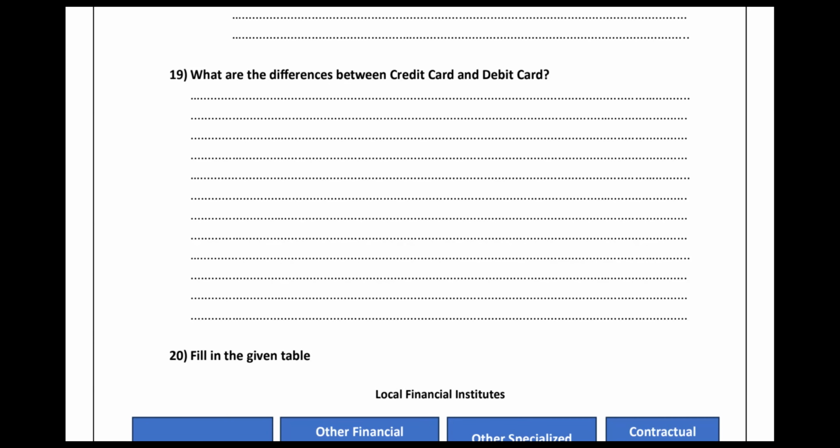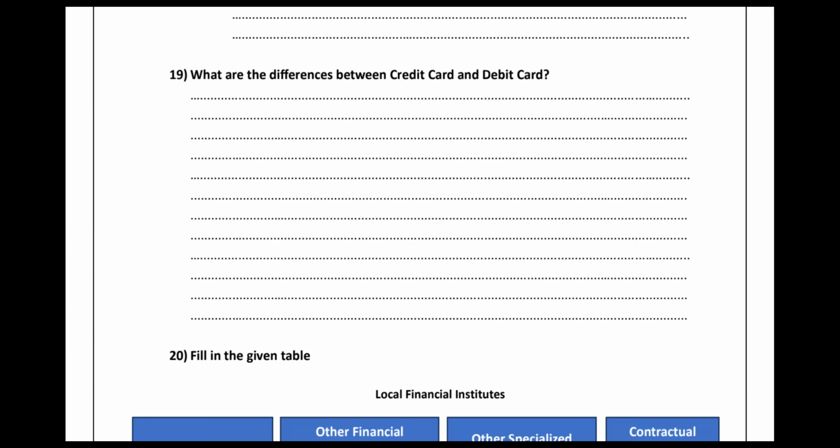And the third difference is, an interest-free credit limit is offered to buy goods. Write it down. I'll explain it to you.